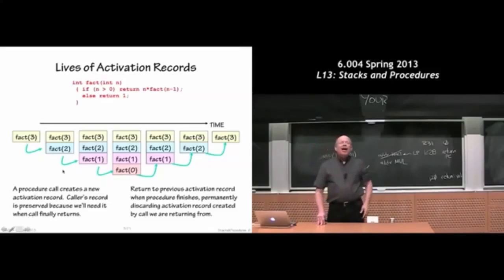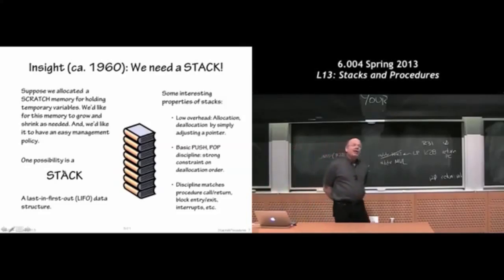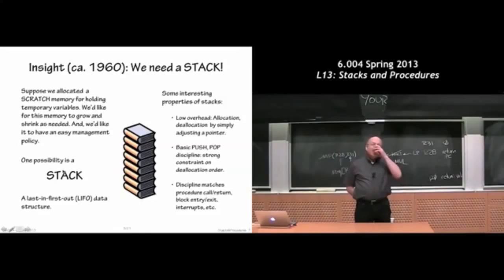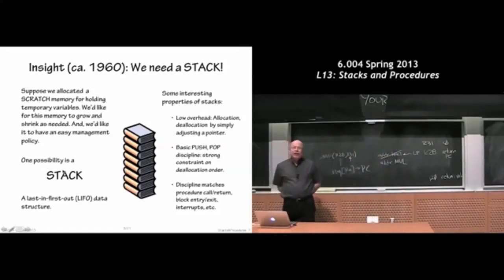But you can see that at any moment when we return, we get rid of the topmost activation record in the stack of activation records that we have. So imagine each one of these books records all the information that we want for a particular invocation of a procedure. Its argument, where to return to, any local variables that are just for that procedure call. Those are all written in pages of each one of these volumes.